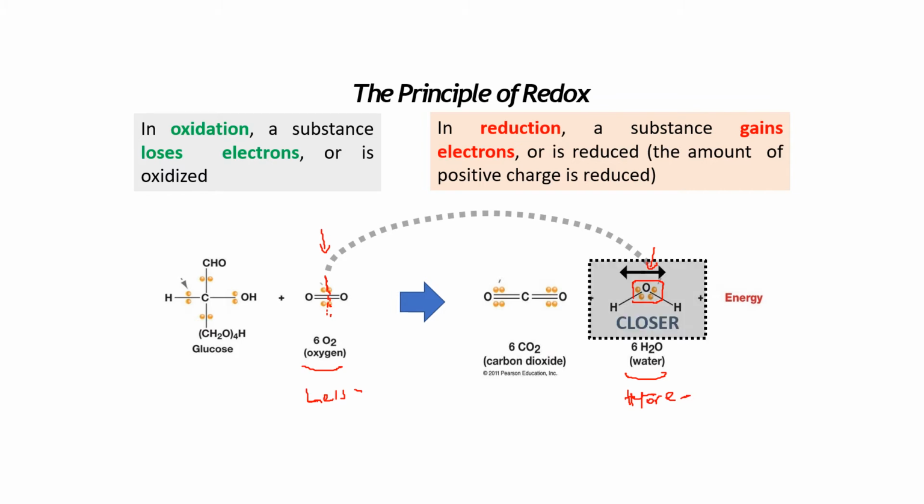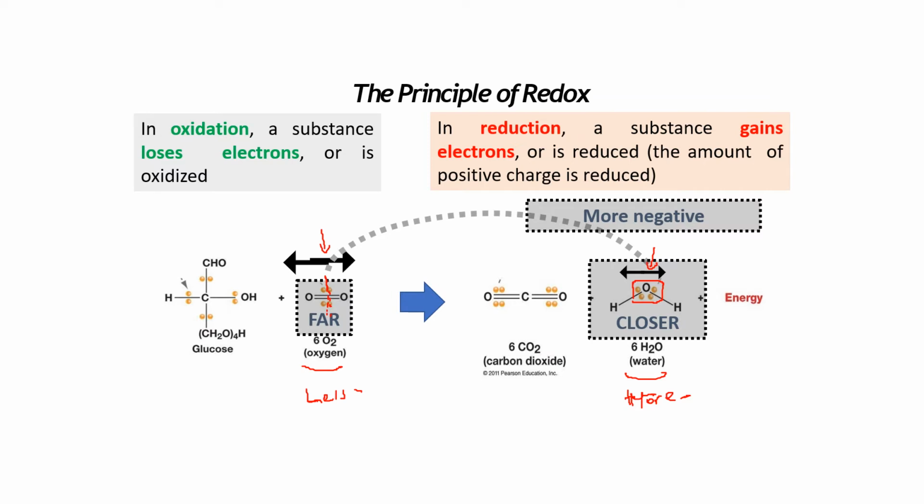So here they are closer again, remember? So they are more negative, and I told you that this one is far, so here it is just slightly negative. As a result, the oxygen is being reduced because it's gaining electrons.